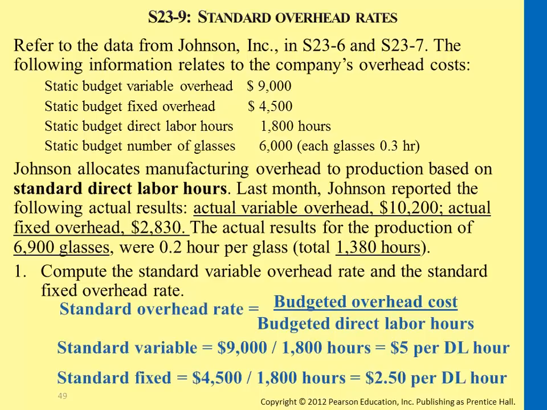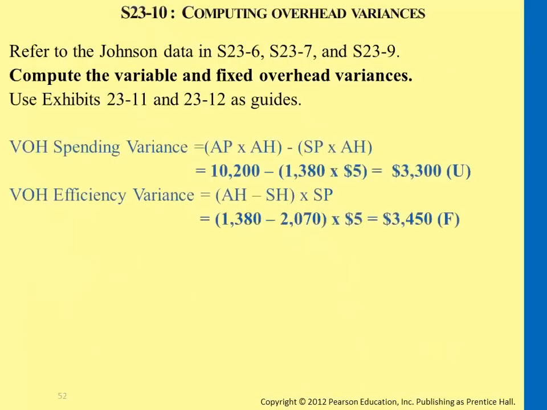We want to compare this with the budgeted numbers, right? So we have the budgeted rate, and the original budgeted hours is how many hours? 1,800. So the actual cost minus 1,800 times the budgeted rate, 2.5, should give you the answer for the spending variance for fixed cost.